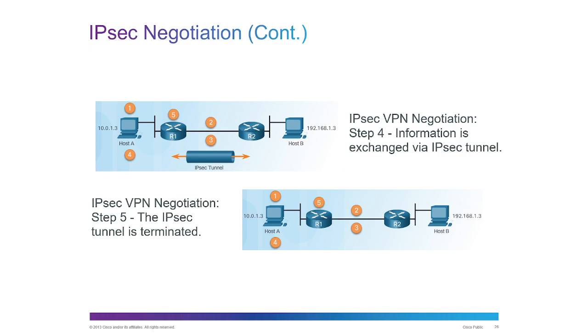Once those two phases are completed, we now have an IPsec tunnel established, and all the secure communication can go through that secure tunnel. And if it is to be terminated at that point, that would be the last step. When all the communication is completed, the tunnel can be terminated if it is not to be maintained any further.